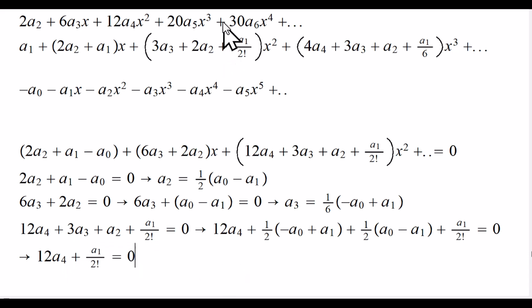So A4 is going to be negative 1 over 24, A1 simply. All right. And then if we need to go further, we can do that, or you can relate the coefficients with some extra effort, but we are not required to do that.